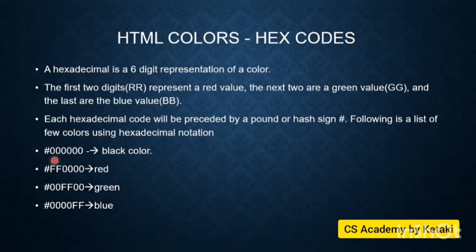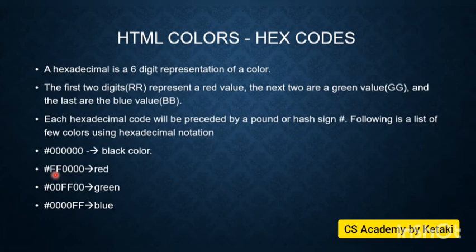This is the black color, in which no red, no green, no blue colors are used. This code represents the black color, and the first two digits represent the red color, FF. If you are able to recall, please recall the hexadecimal, octal and binary notations.